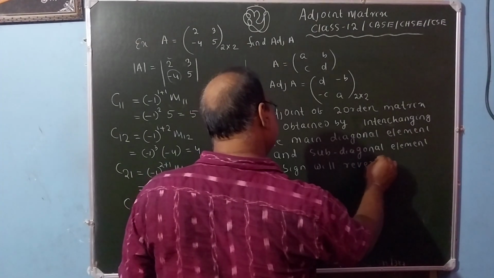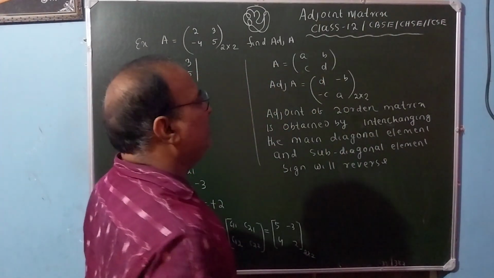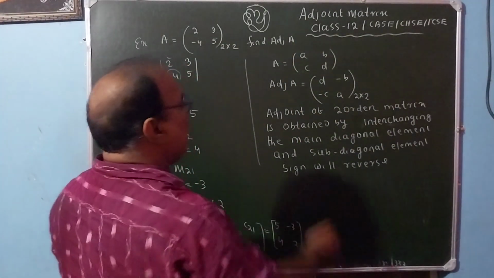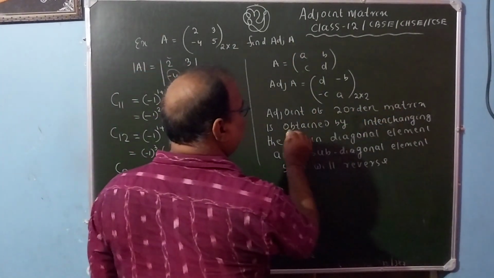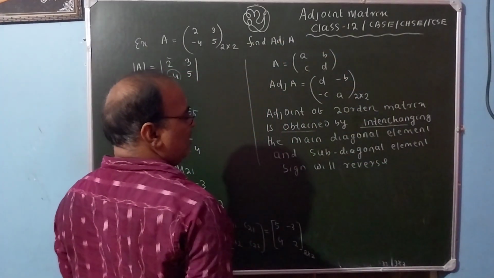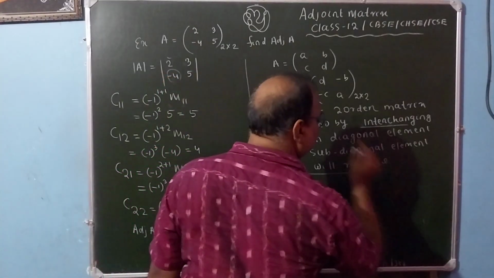Reverse means if it is positive, then it changes to negative. If it is positive, then it changes to negative and vice versa. Adjoint of second order matrix is obtained by interchanging the main diagonal element and subdiagonal element sign will be reversed.